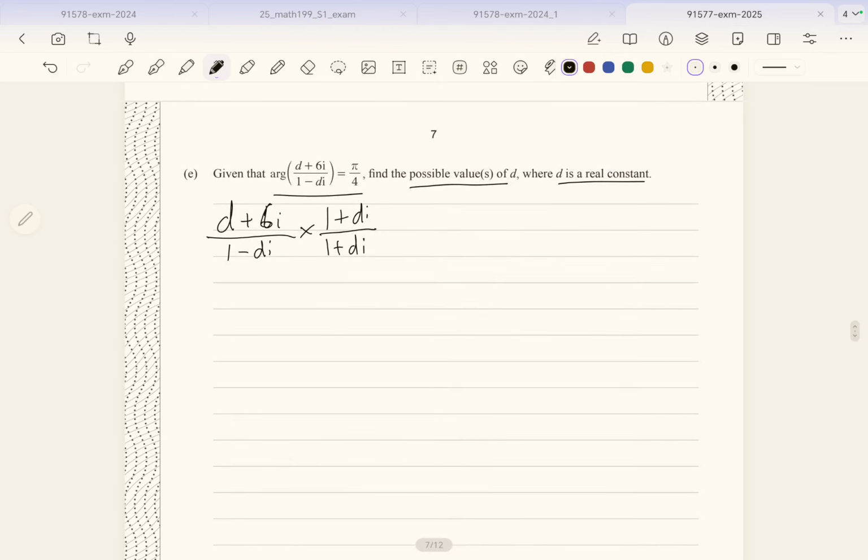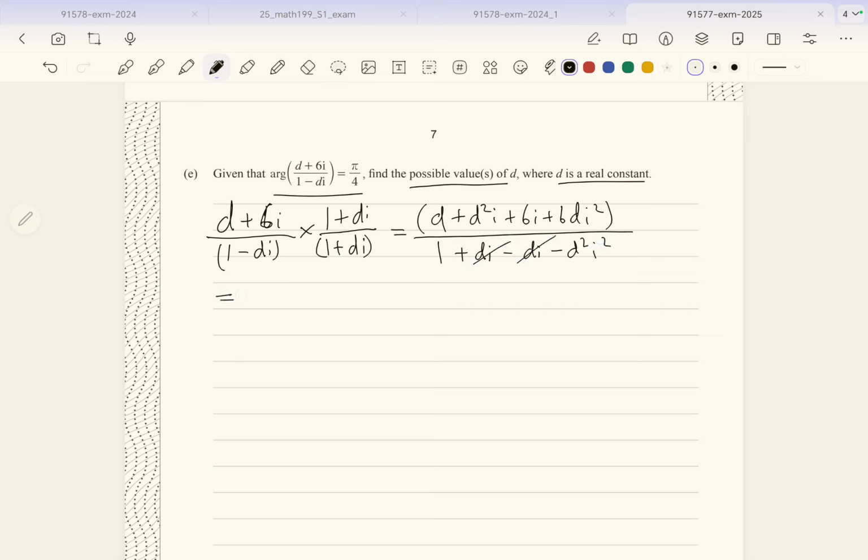Doing this gives us, in the top, d + d squared i + 6i + 6di squared, all over the denominator. You can notice here the denominator is essentially a difference of two squares. So to represent that, we have 1 + di - di - d squared i squared, and these two cancel out.